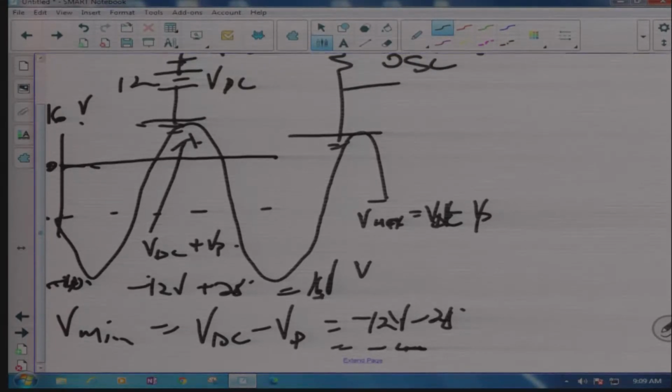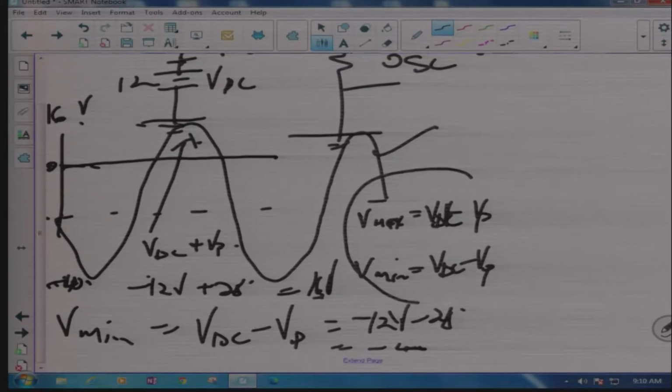My V minimum is equals to VDC minus V peak. Now these are very important formulas for you when you calculate and you want to draw. This is our output drawn. This is the calculations that you use, these two formulas in here. I hope and believe that you try to learn them, as they are not in any textbook, but they are very important for you.